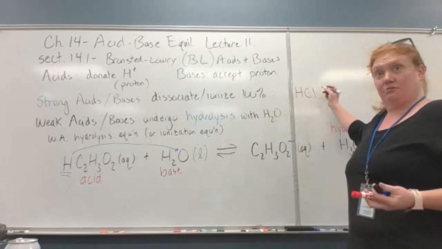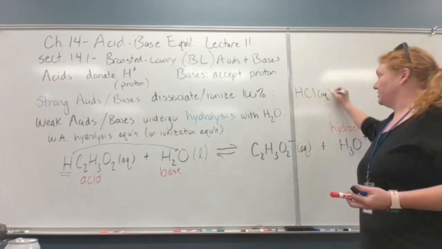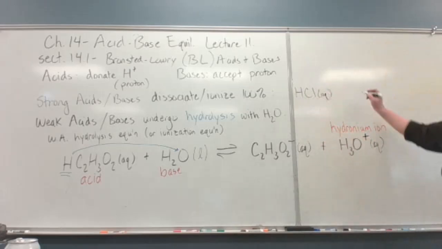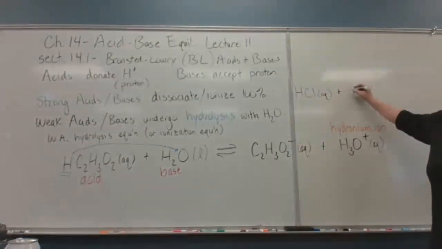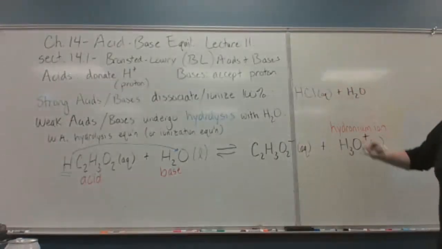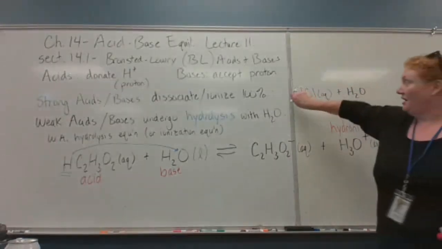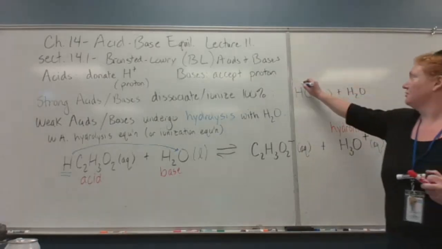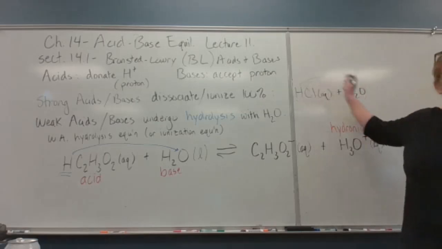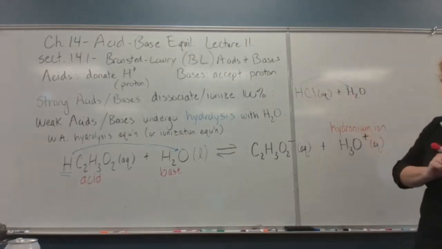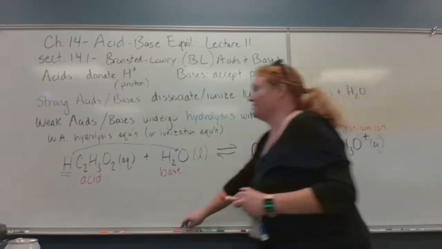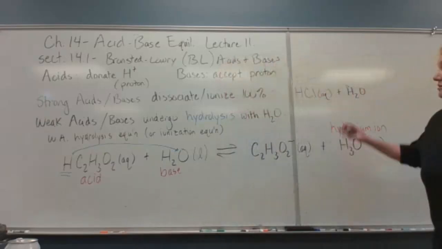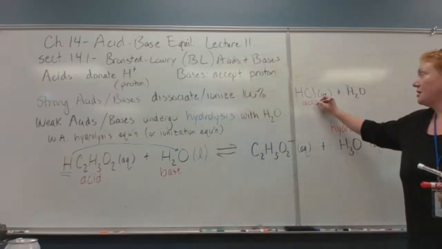HCl, aqueous. Right? When it goes into the water, it does the hydrolysis. It donates an H plus to the water. So we still have, this is my acid and the water is still my base.